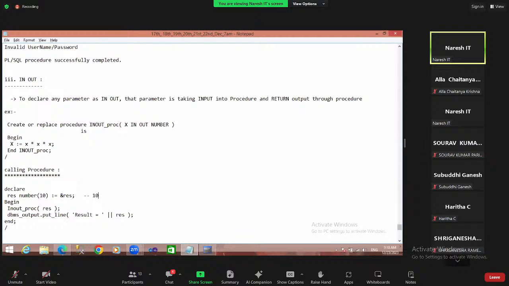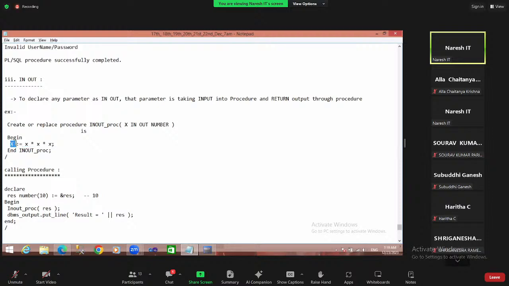At the time of calling this procedure, 10 is passed into x. So 10 into 10 into 10, how much? 1000.